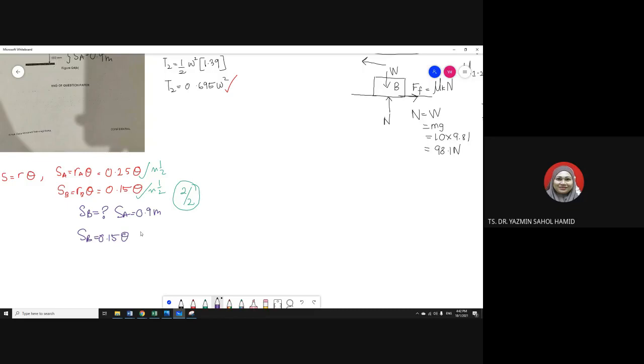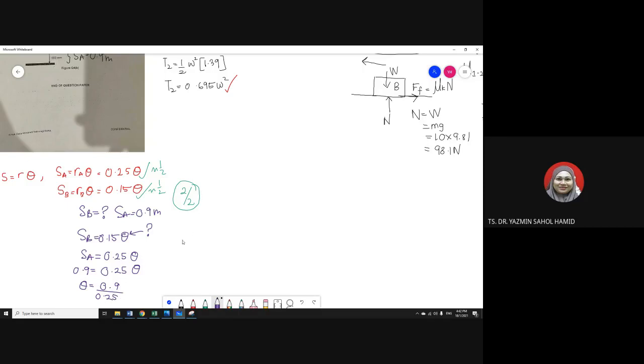Do you know how to find theta? You can find theta from the formula of SA, right? Because you know SA is 0.25 theta. We know SA is 0.9. So what will be our theta? Easy. Our theta will be 0.9 divided by 0.25.